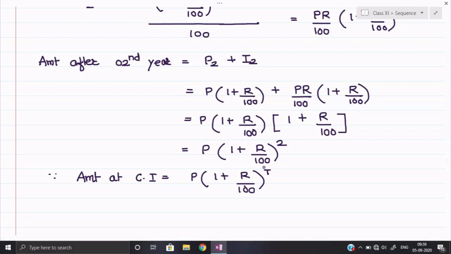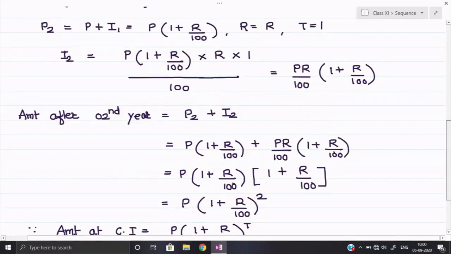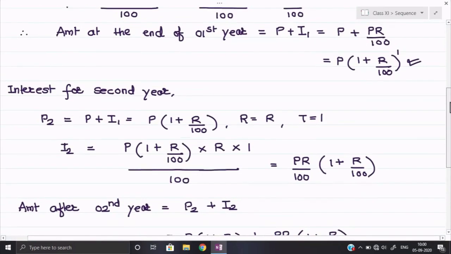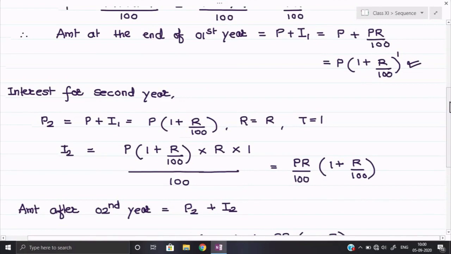So see, we are getting the same format. If we find the amount at the end of the second year, we get P into 1 plus R upon 100 whole power 2. If we find the amount at the end of the first year, we get the same result, only the power is different: P into 1 plus R upon 100 whole power 1. So what sequence can we say here?